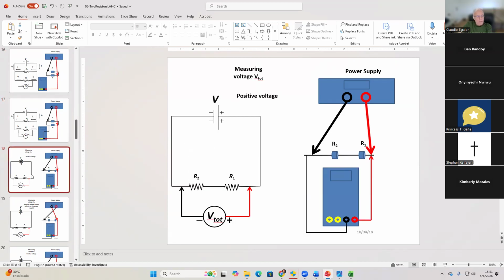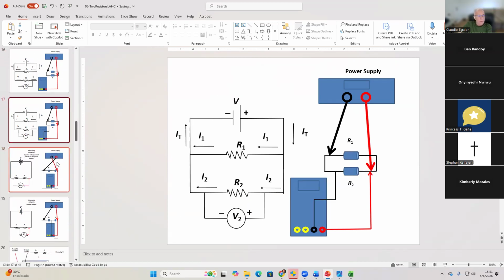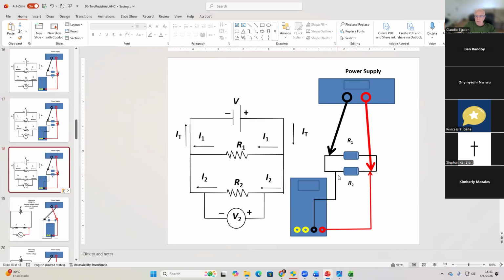Let me delete that. That's V2. And then let's draw V1. It's going to be very similar to what you see right in here. The difference is that it's connected right in here. And when we do that, that would be V1.